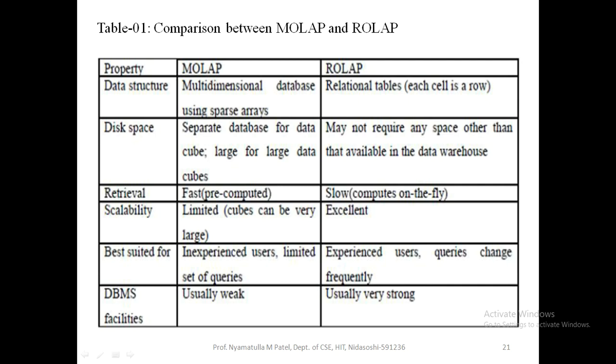What is the data structure of ROLAP? Relational tables. Each cell is a row. MOLAP is a multi-dimensional database, whereas ROLAP is relational data tables. That is the data structure.